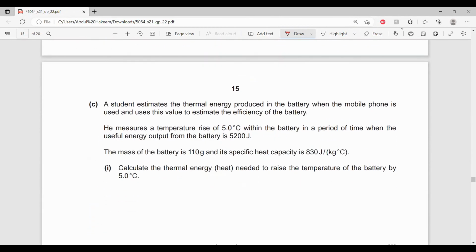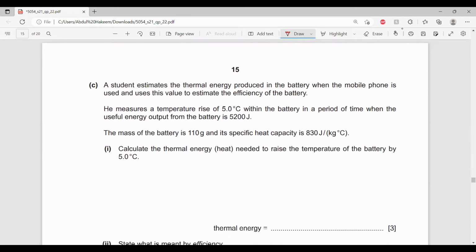A student estimates the thermal energy produced in the battery when the mobile phone is used, and uses this value to estimate the efficiency of the battery. He measures a temperature rise of 5 degrees in the battery, and the battery output is 5200 joule. The mass of the battery is 110 gram and its specific heat capacity is 830. Calculate the thermal energy.